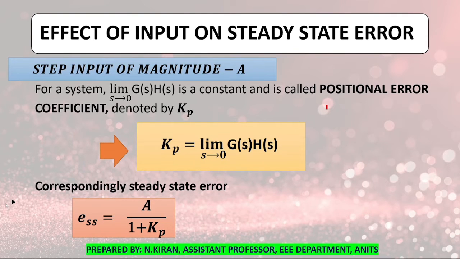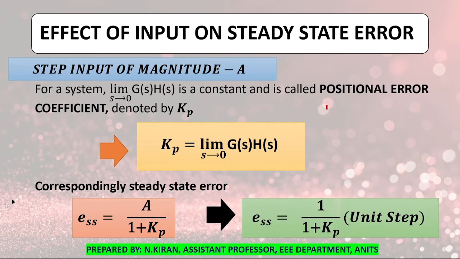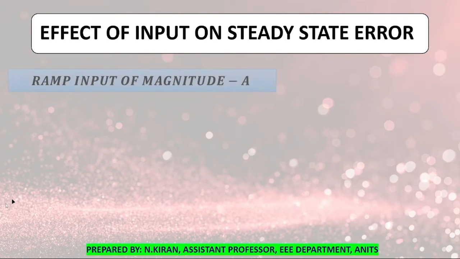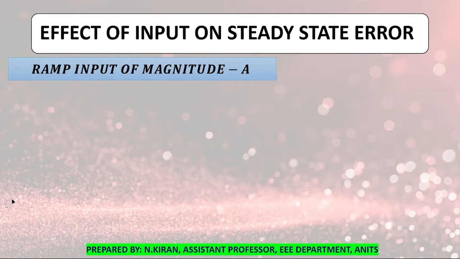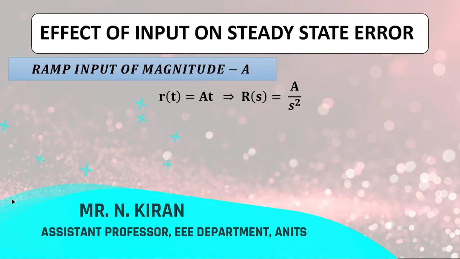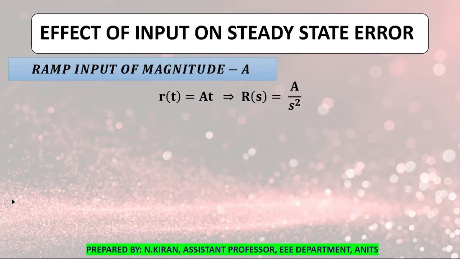If I consider a unit step input, then the steady state error is 1 by 1 plus Kp. Next we'll consider the ramp input of magnitude A. We know the expression is A into t, and in the Laplace domain it is A by s square.